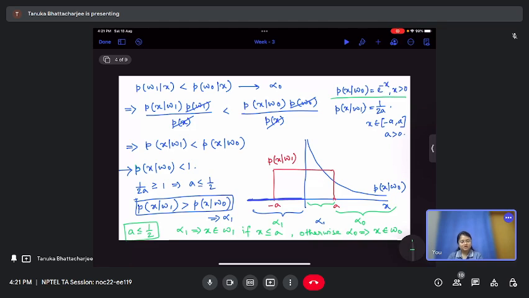Okay. Now let us take the other case when a is greater than half.